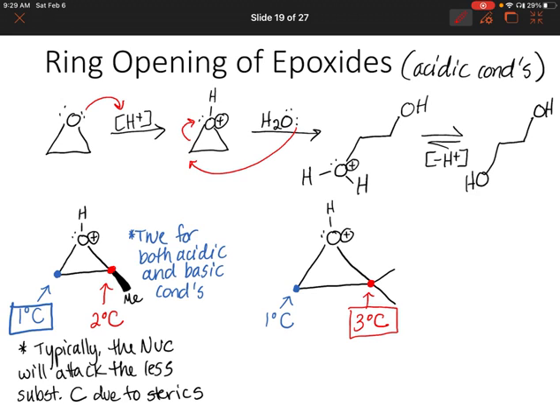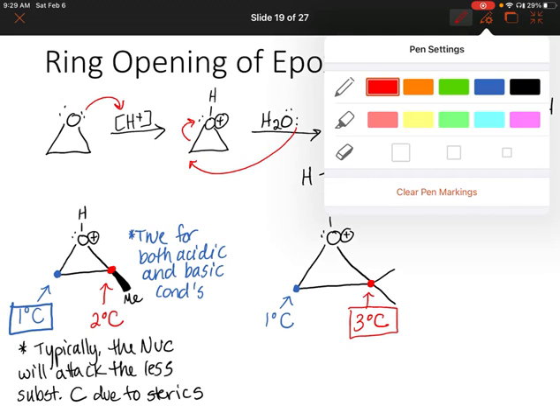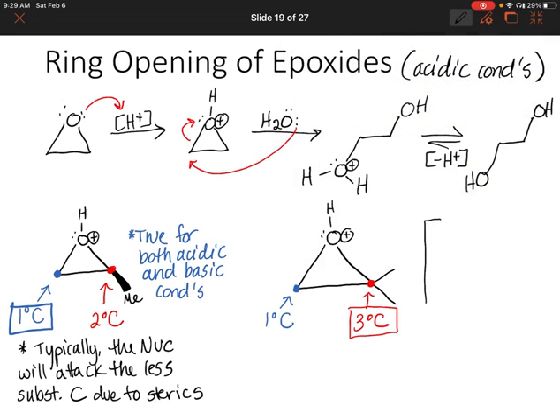So why is that? It seems kind of arbitrary, but if we think about the transition state of this reaction, it actually makes a lot of sense. So let's draw the transition state in brackets. Okay, so let's say the nucleophile is coming in to attack the tertiary carbon.